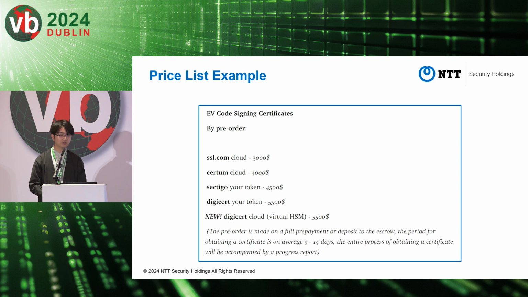Here's a price list provided by the certificate sellers. They claim to be able to obtain organization validation and extended validation certificates from various certificate authorities. The price of the certificate varies depending on the type and the issuing authority.